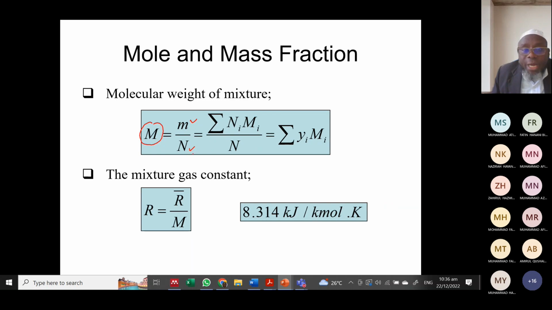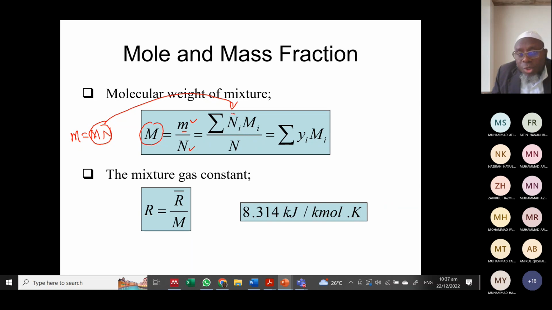Now we can express this equation again. Small m can be represented by capital M times N. So we represent m by M times N, which gives N_i M_i divided by the total number of moles.